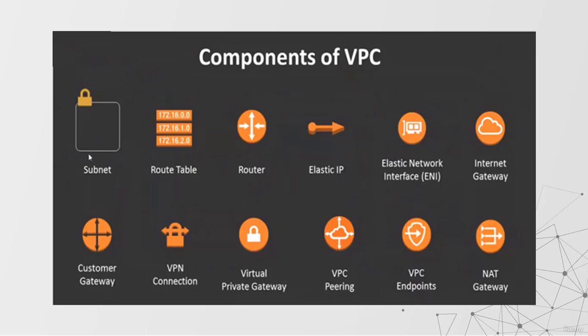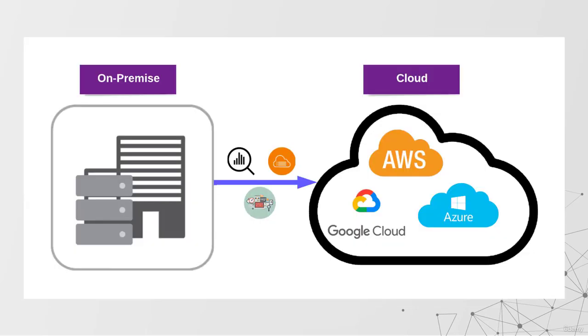And we've also got the NAT devices or NAT gateways, and these are used to enable instances in a private subnet to initiate outbound traffic to the internet for updates, patches, and so on, but also prevent unsolicited inbound traffic from reaching those instances.